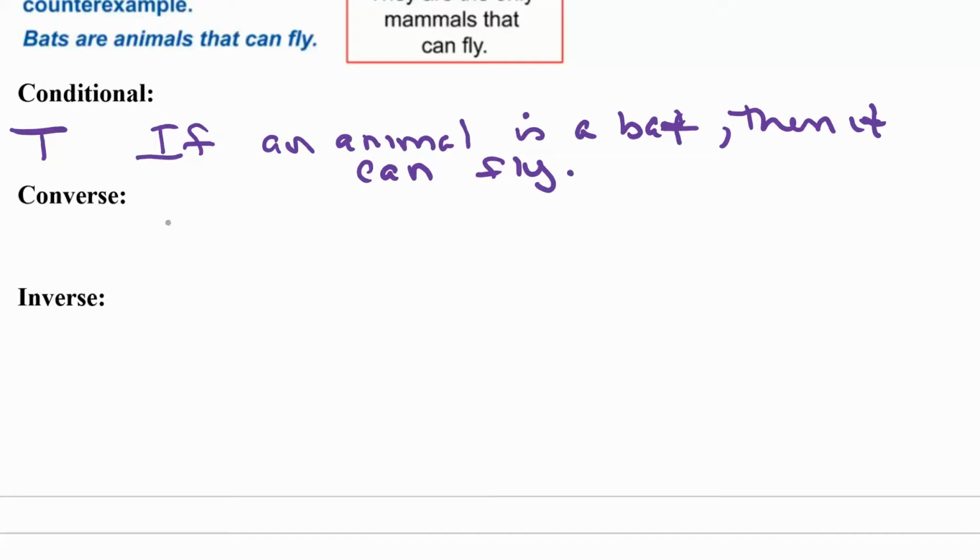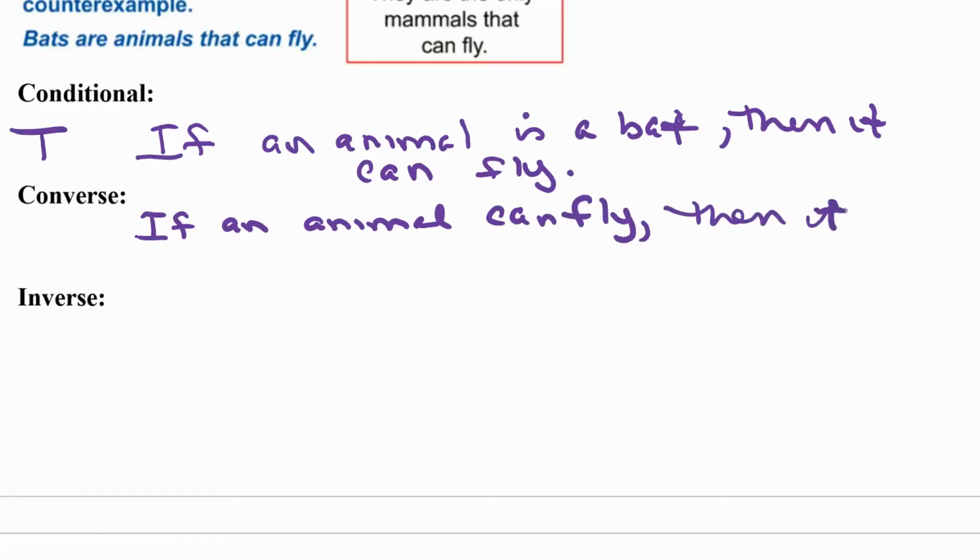If an animal can fly, then it is a bat. Well, this one is false because a bird can fly. It's not a mammal, but it is an animal, so this one's false, and our counterexample would be a bird.